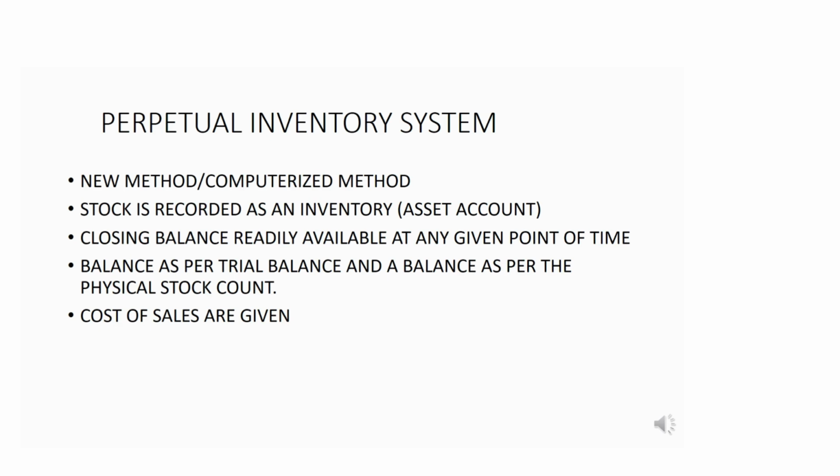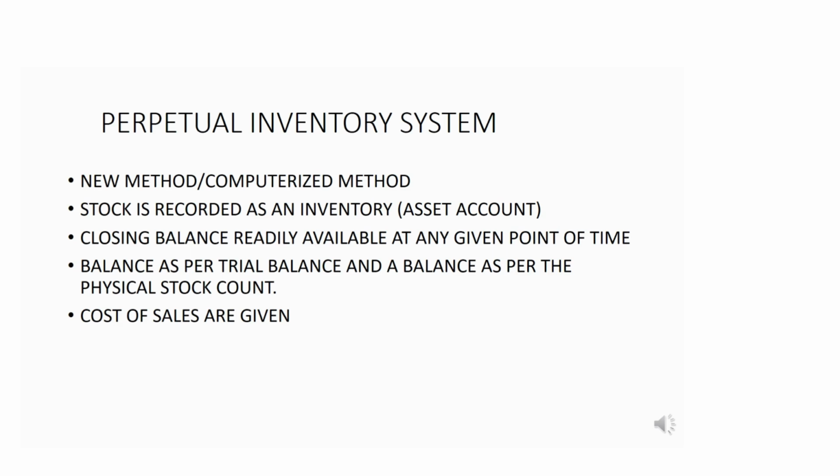pre-adjustment trial balance. And a balance as per the physical stock count is the balance that you will always be given within your adjustments. In your adjustments, they will tell you that the physical stock count revealed that the closing balance of trading stock is maybe 60,000.